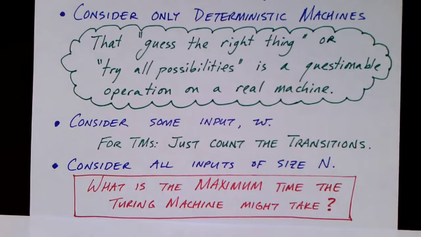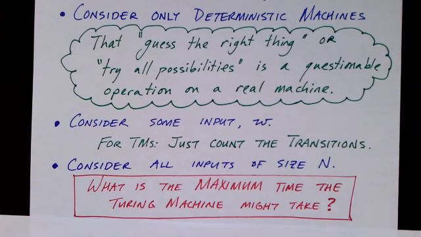And the next thing we want to do is not look at just one particular input, but we want to consider all inputs of a particular size. So in a Turing machine, we measure the size of an input by the number of cells it takes to represent that input string on the tape, and that's easy enough to just count.